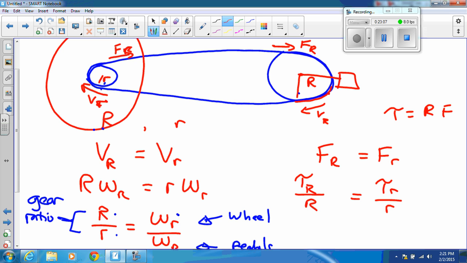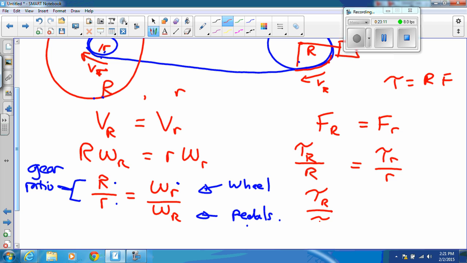And now if I do a little bit of cross multiplying to solve, I can see that once again there is a proportion, and the proportion is between the torques and that gear ratio, right there again. The gear ratio determines the ratio of torques.